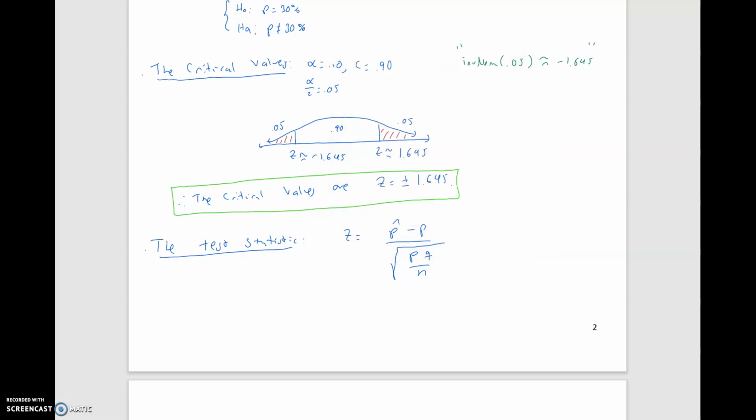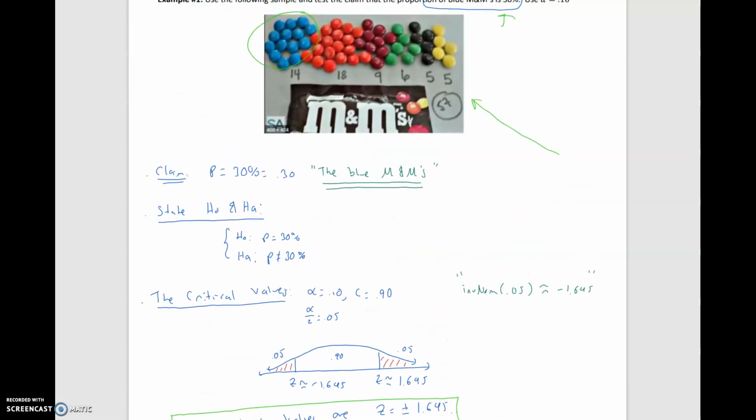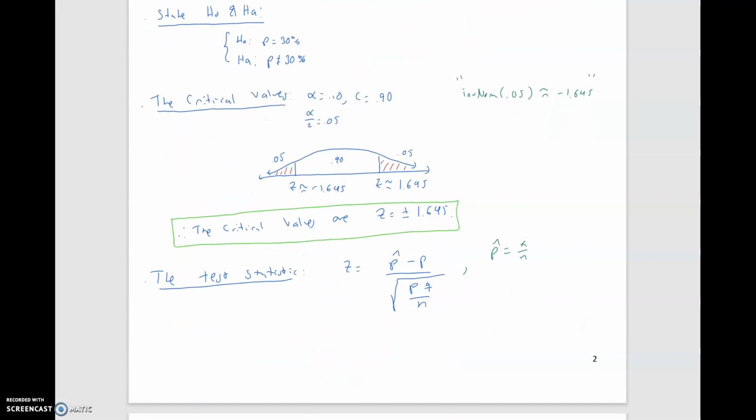We're going to be carrying 4 decimal places, so your p hat is equal to x over n, and the x happens to be the total number of blue M&Ms, so in this case 14. So let me just write it out as n is equal to 57 and x is equal to 14, or 14 over 57.